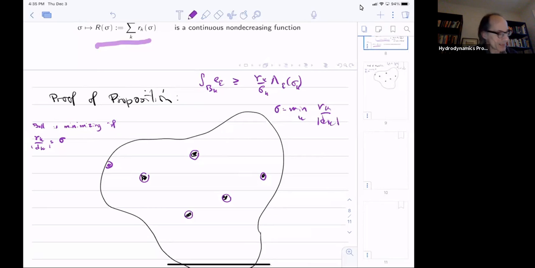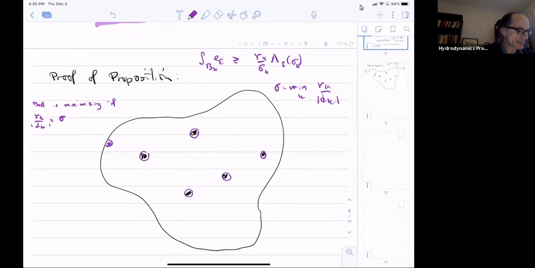Okay, so what I want to do is consider all of them, and let's assume that these are minimizing, here, here, and there. So I look at the minimizing balls, and I want to grow them. I want to increase sigma, the ratio of the radius to the degree.